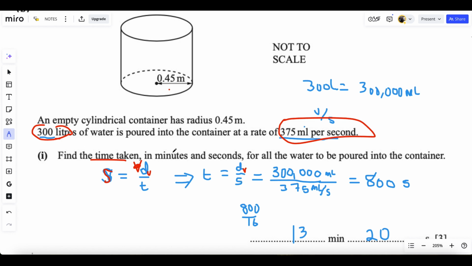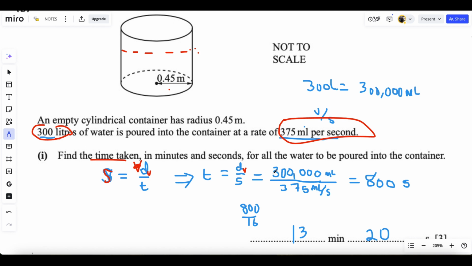So the distance the water covered, let's say at this point, the water got to this point. So what it covered, the total volume of the distance the water covered is 300 liters. So I'll change it to milliliter because the speed is in milliliter.